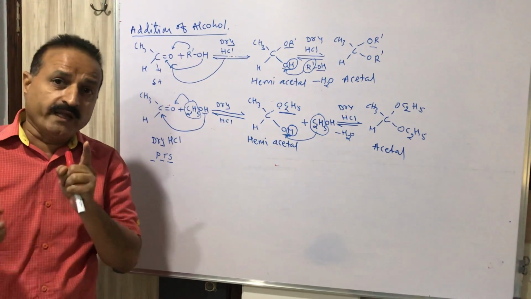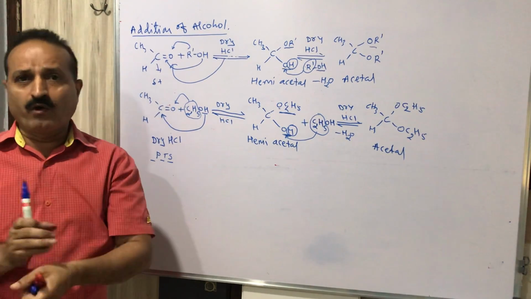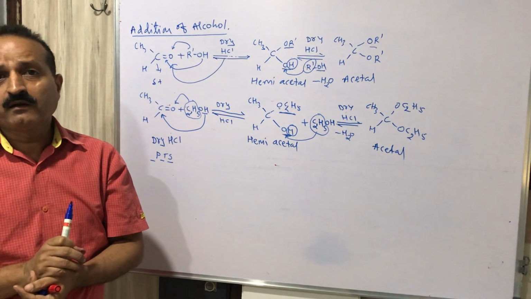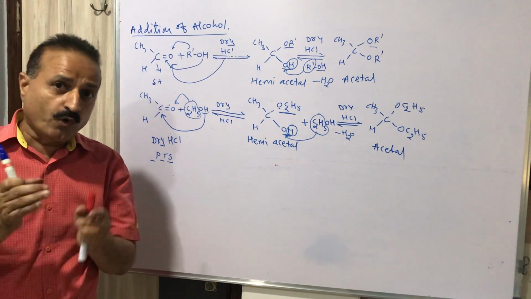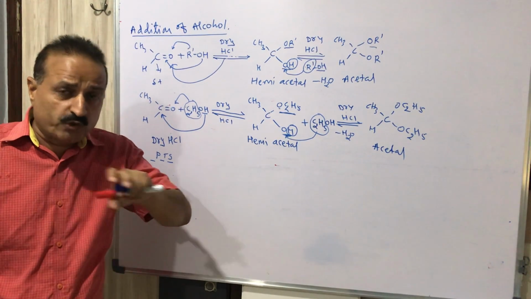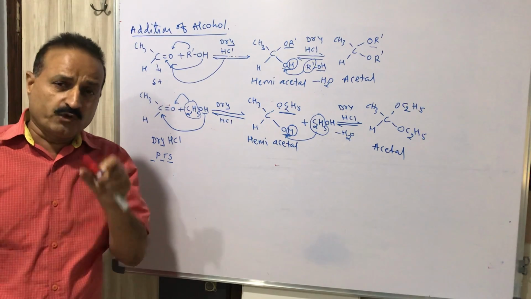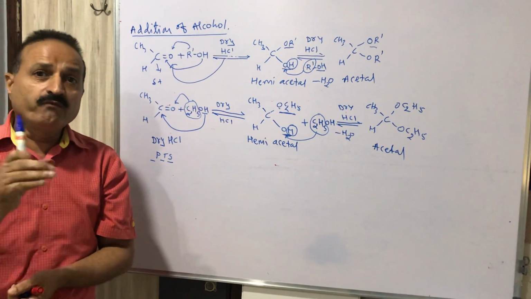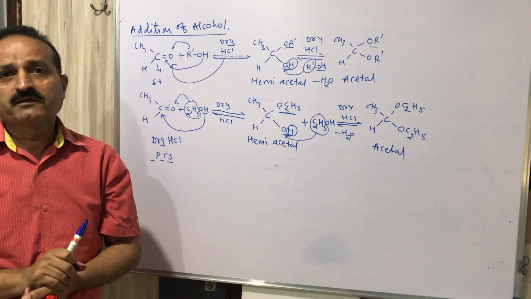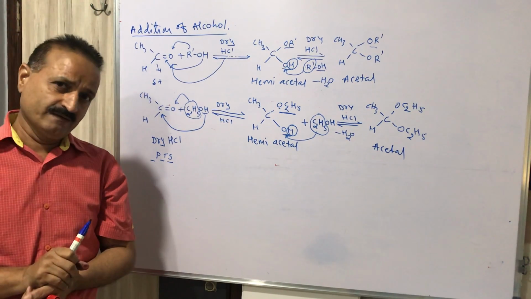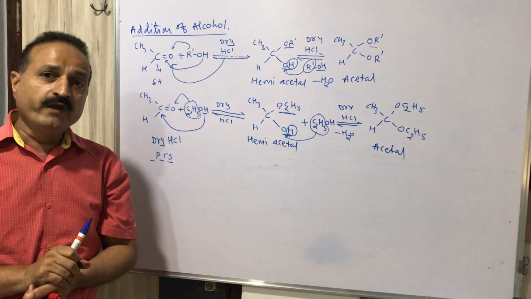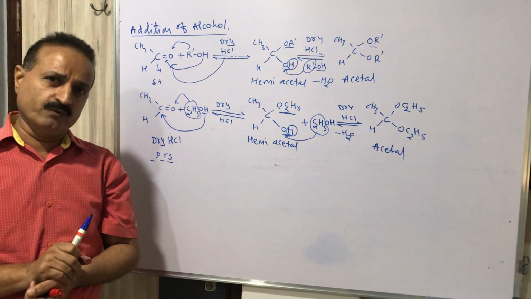If we take ethane-1,2-diol, meaning two OH groups are present in ethane-1,2-diol, not two separate molecules of alcohol but two hydroxy groups in one molecule, then we get a cyclic acetal, because ethane-1,2-diol will form a cyclic compound.